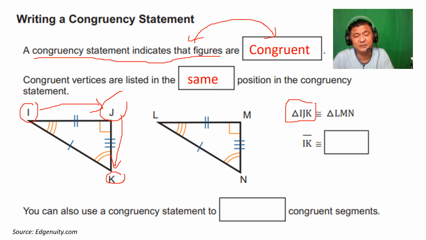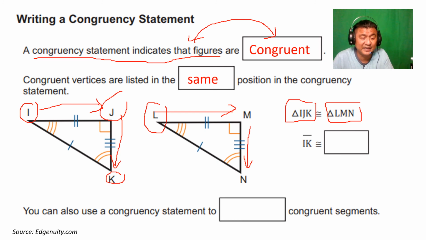No. Will I name it NLM? No. I should follow the same sequence, the same position. I could call this LMN. There you go, LMN. I will not mix these letters which doesn't match the first triangle.